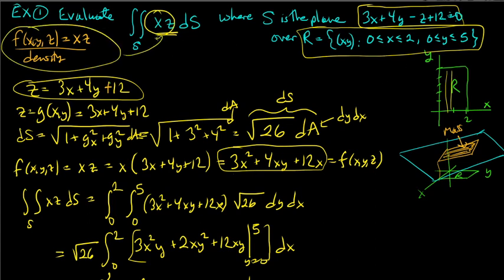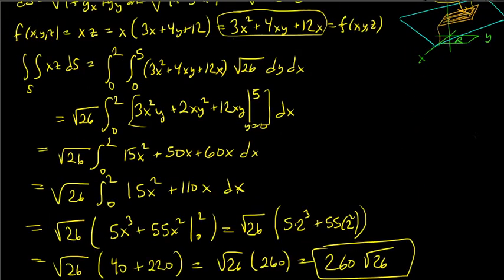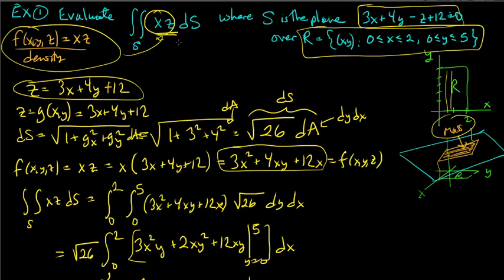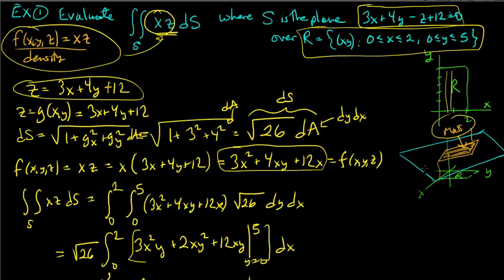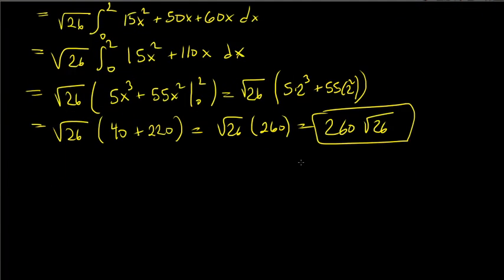So we're getting the mass of this portion of the plane given this density here. All right, so that's it for this example. That's our evaluating a surface integral of a function over the surface.